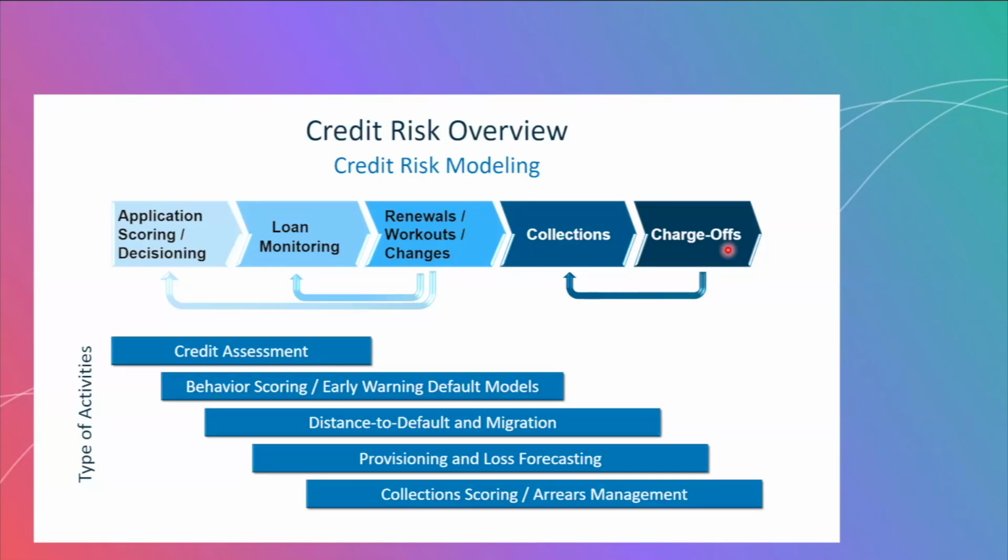The activities that typically go in here are credit assessment, behavioral scoring, and creating early warning default models, like what I mentioned earlier, saying that I should get early signs that a specific profile is tending towards default, so that I can then initiate, let's say, a simple reminder call for that matter.